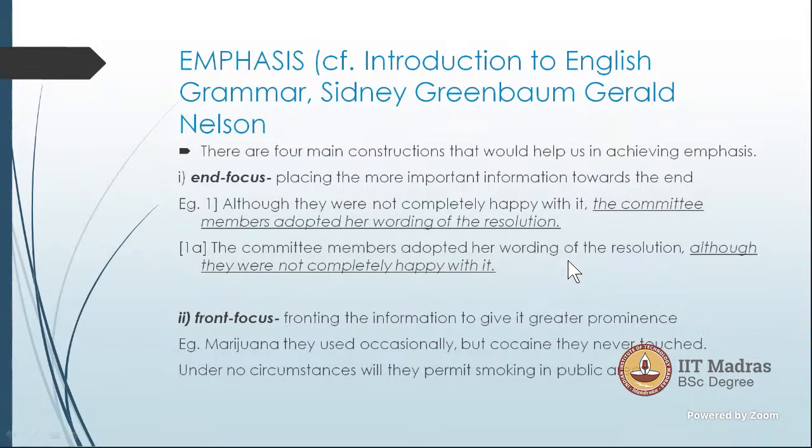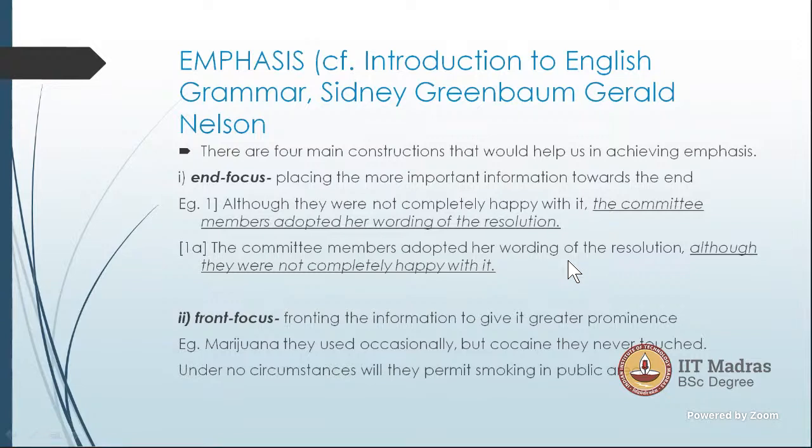If you listened to the earlier session, I talked about this, that you can place the sentence that carries the most important information towards the end, in order to build up the suspense, to build up some sort of drama, to keep the reader hooked to your writing. Now, similarly, you can do the same thing within a sentence.